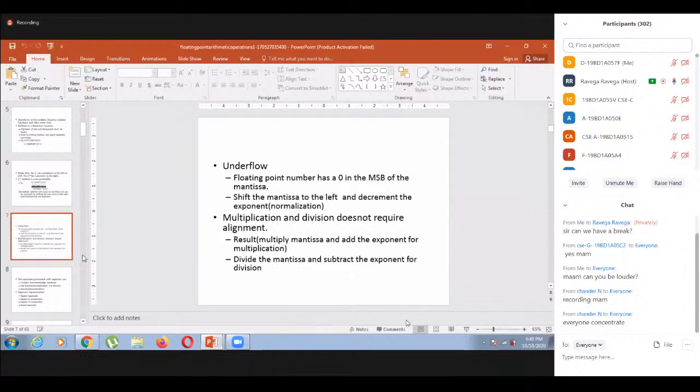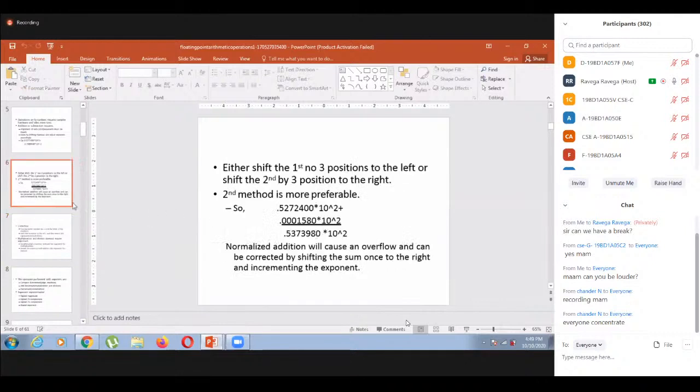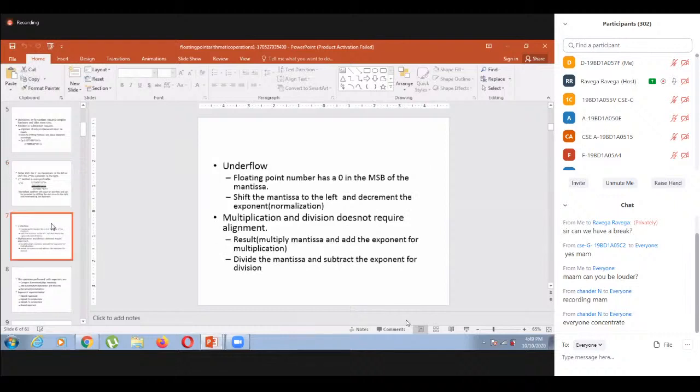Next, you can perform the subtraction operations. For subtraction, again you compare the two numbers. After comparing, if the exponent values are the same, then you can perform the subtraction.